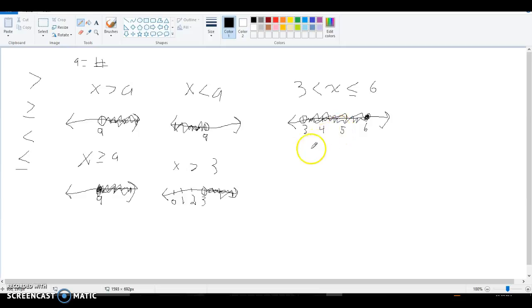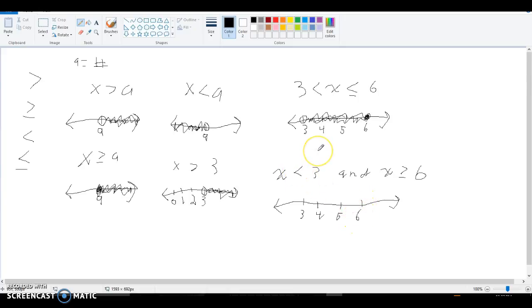So now what happens if we have x is less than 3 and x is greater than or equal to 6, where the inequalities are flipped? We want to draw our number line. Here's 3, 4, 5, and 6.